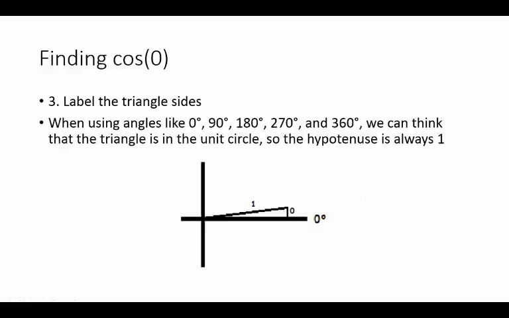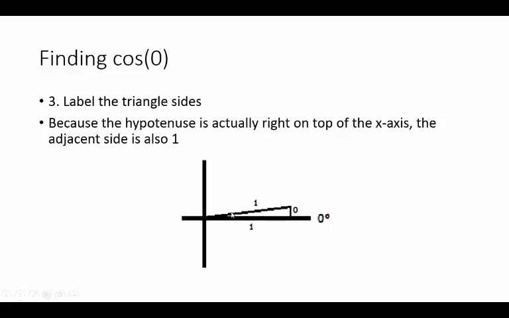Now, when dealing with these angles, we can think that this line is in the unit circle. So our hypotenuse is 1. Now, because this line is in reality laying on the x-axis, its length is equal to that of the adjacent side. So both of these sides will always be equal.